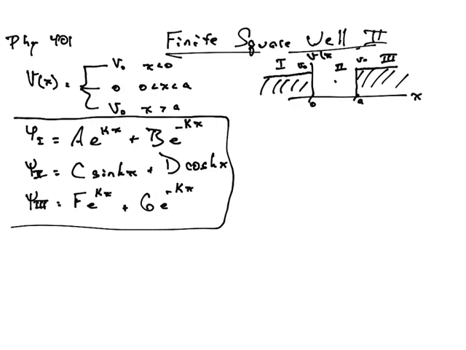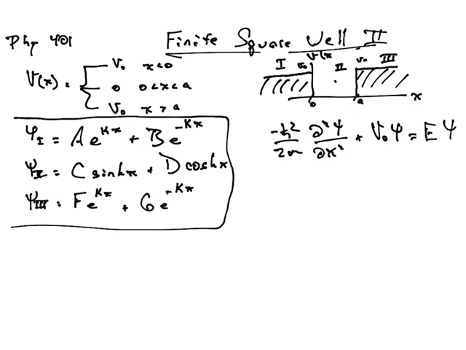In mathematics, remember that the differential equation that this is the answer to is a second order linear differential equation. That is to say, minus h bar squared over 2m, second derivative of psi with respect to x squared, plus V naught psi is equal to E psi.